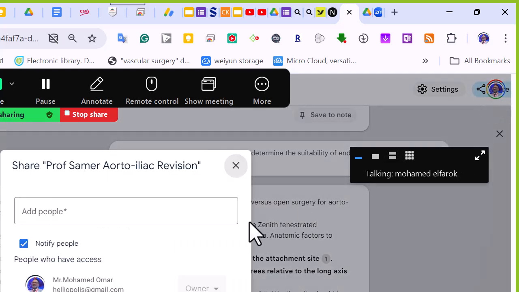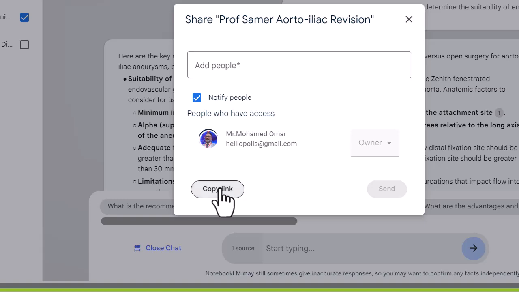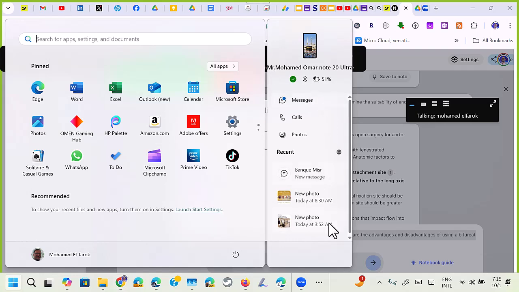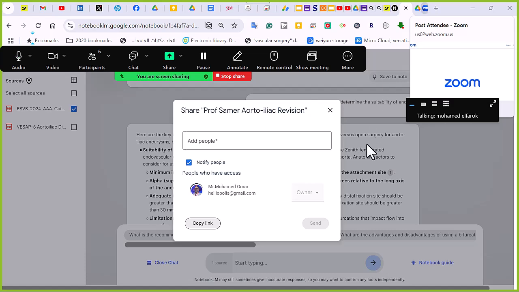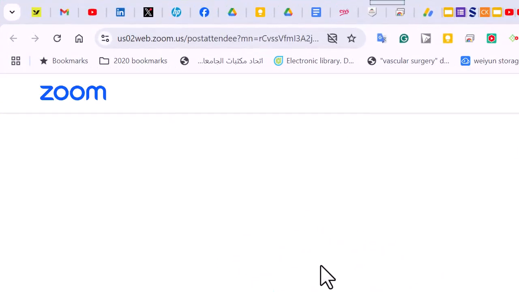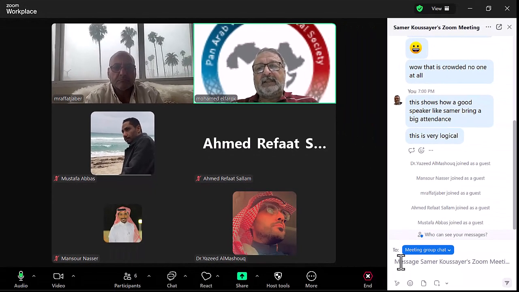Here is a share. I can copy the link, as you can see, and then I will put it into the Zoom. Here is the Zoom. Let me stop sharing. And then I will put it in the chat.